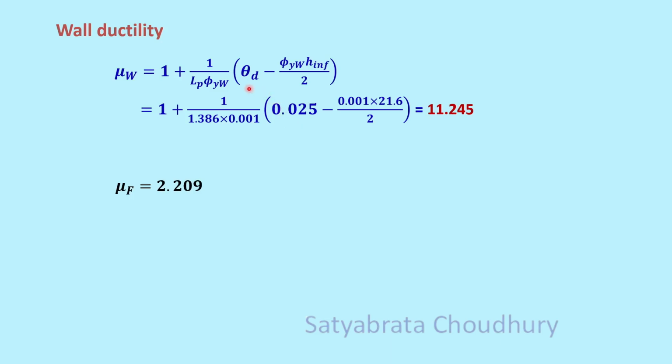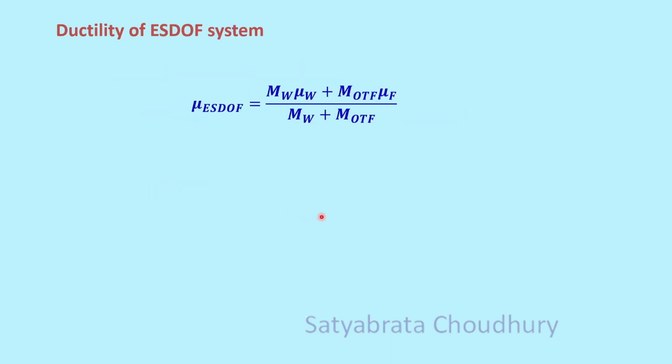So mu w by the formula we have just discussed comes out as 11.245. What is this? This is the ductility of the wall. And if you remember, the ductility of the frame we had already derived through the tabulation in the Excel, 2.209. Now the ductility of the equivalent single degree of freedom system: you remember we had converted the multiple degree of freedom system to an equivalent single degree of freedom system, which has its own properties like effective mass, effective height, effective time period, effective stiffness, similarly effective ductility.